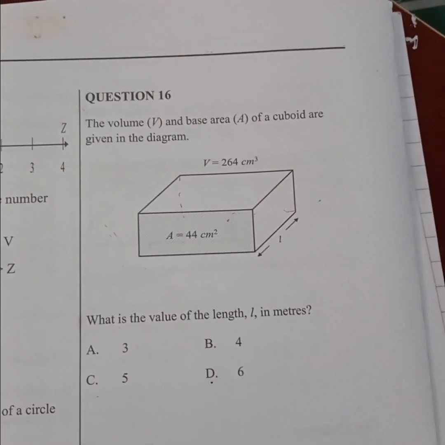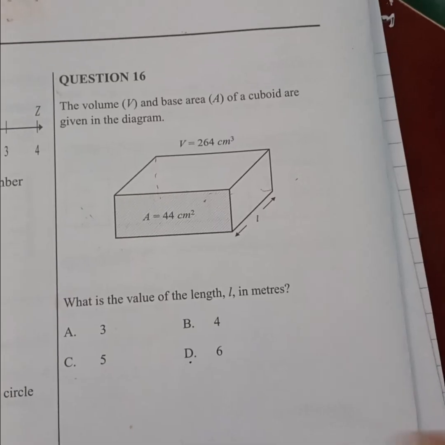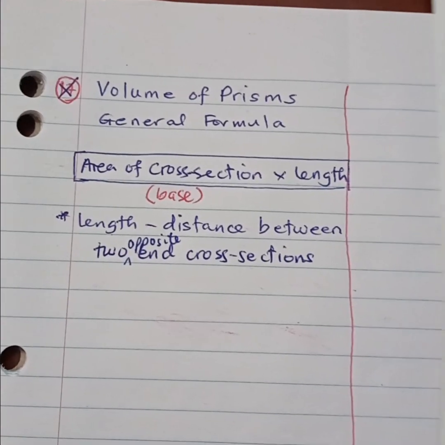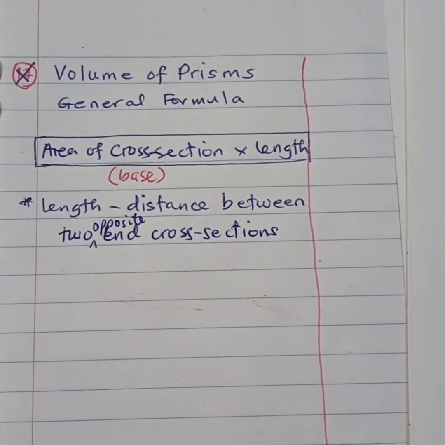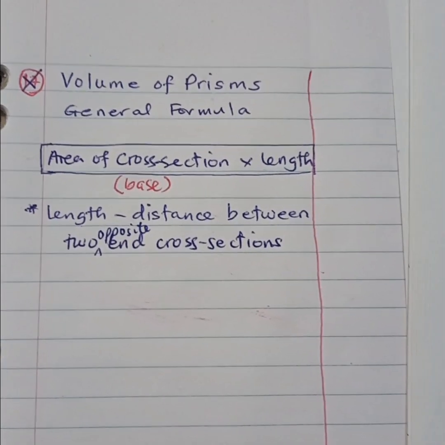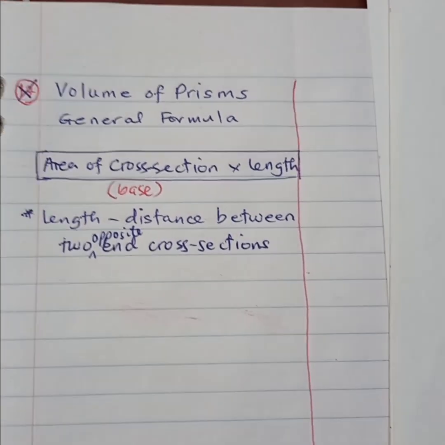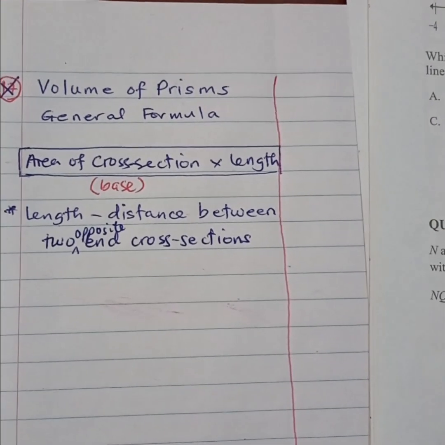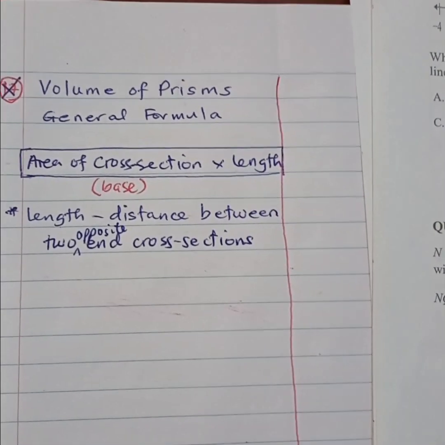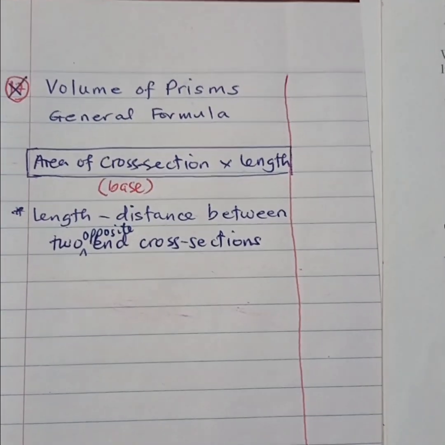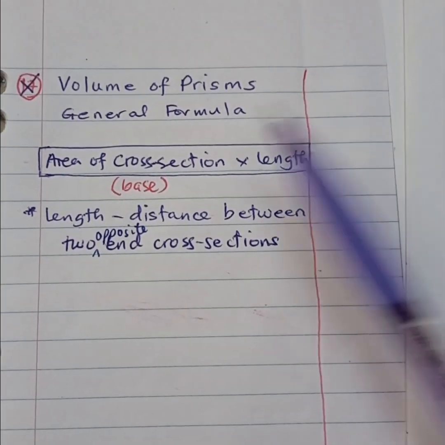All right, before we get into it, this is the general formula to find the volume of a prism, any kind of prism, whether it's a cuboid, rectangular prism, or a triangular base prism, or a circular base prism. The formula is the same.